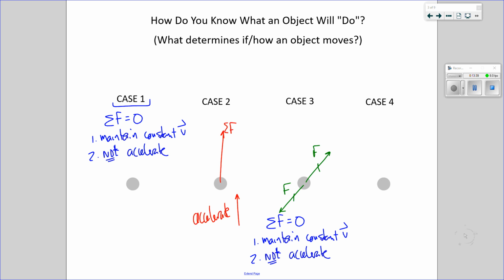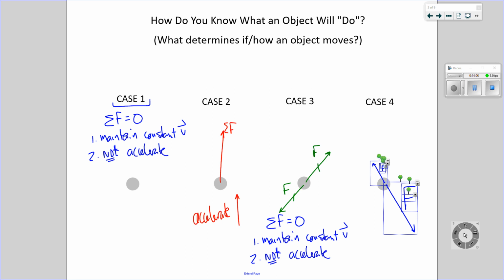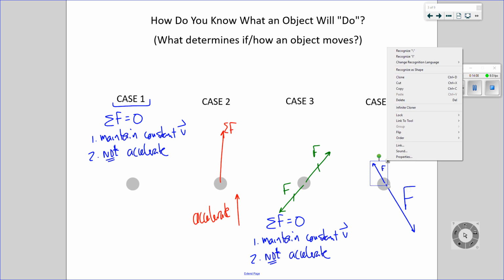All right, case 4. What if we have a force this way and a smaller force that way, F and F? Well, that means the net force on this object looks like this.